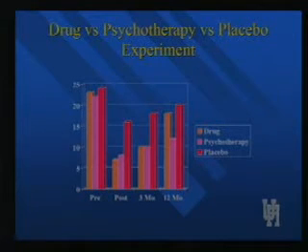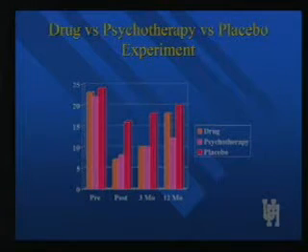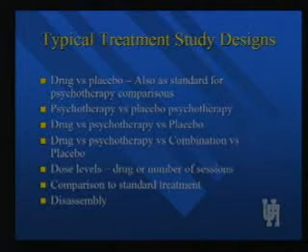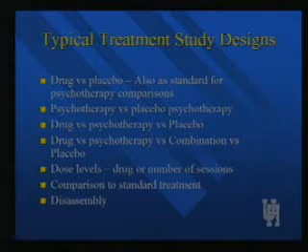So you're isolating the drug versus placebo versus psychotherapy as the probable cause of the differences between the three groups at that point. And treatment outcome is where this kind of design is most frequently seen in psychopathology.